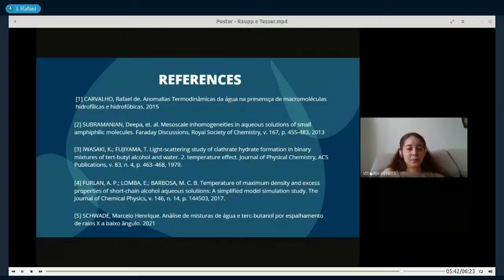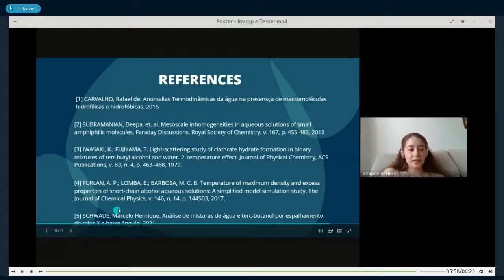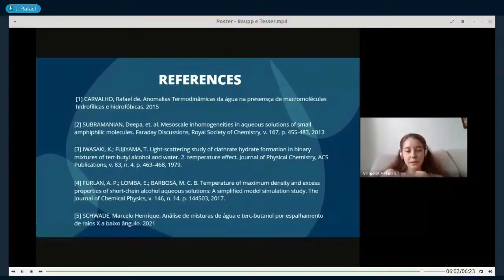So far, this is what we are working on. This is a recent project, so most of our analyses are based on previous works from this group, especially from Marcelo Schwarzer. And here we have other references that we are basing on.